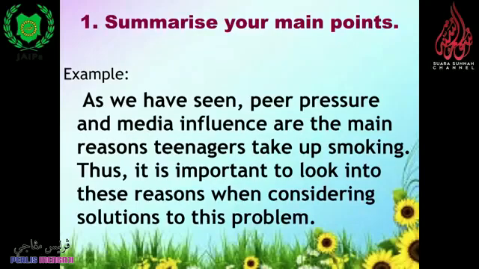You have written 4 points, and so for your conclusion, you summarize your main points. Peer pressure, media influence are the main reasons. There are other reasons, but those 2 are the main reasons.